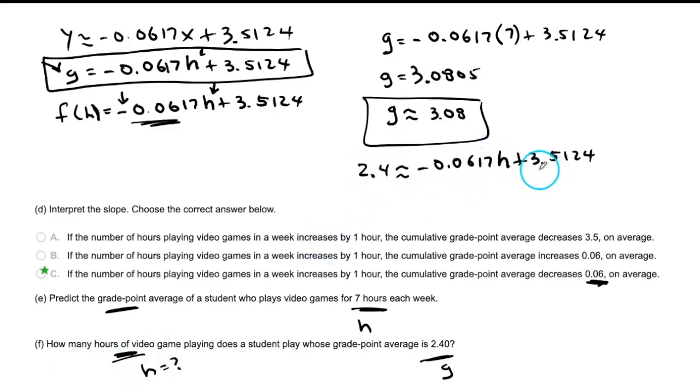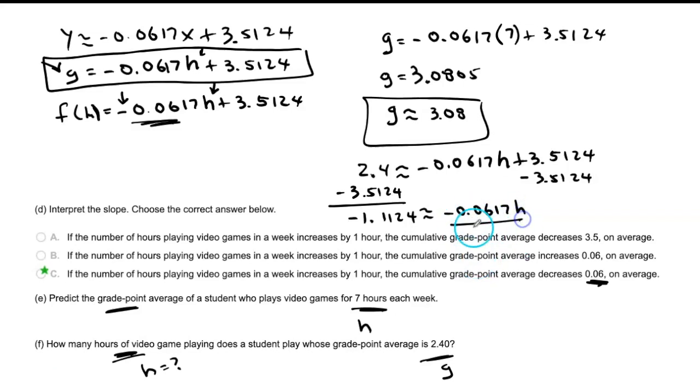From here, you solve for H. Subtract 3.5124 on both sides. 2.4 minus 3.5124 is equal to negative 1.1124, approximately equal to negative 0.0617 of H. Last step is divide by this value, negative 0.0617, on both sides.